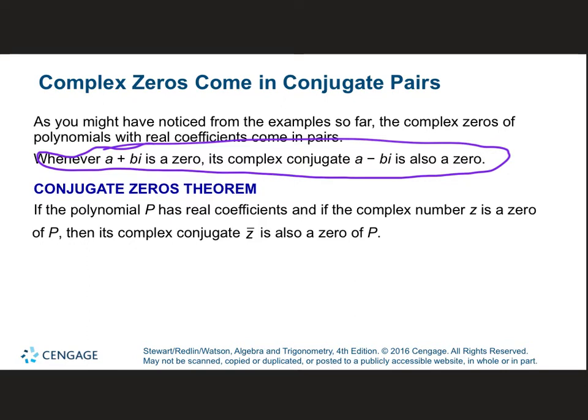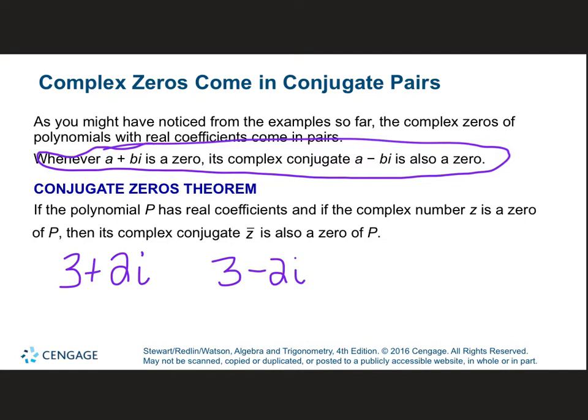Think about when you see complex conjugates, I want you to think of opposite. If I said to you 3 plus 2i, what is the complex conjugate of 3 plus 2i? Perfect, 3 minus 2i.